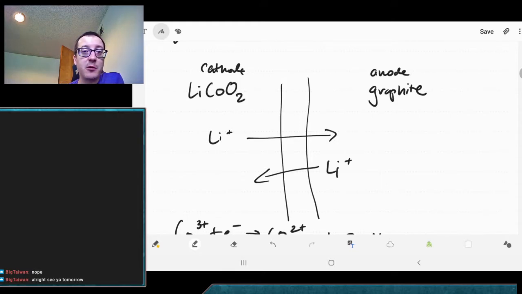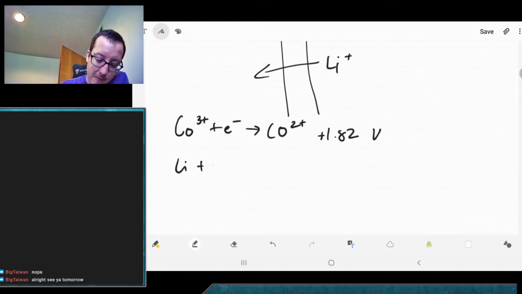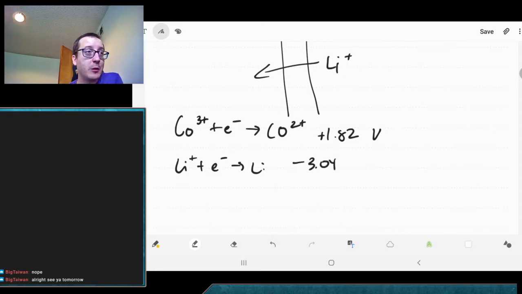And so you can move your lithium around as you go through it. If you remember, lithium has a reduction potential of negative 3.04. So decoupling these two reactions is very, very energy producing.